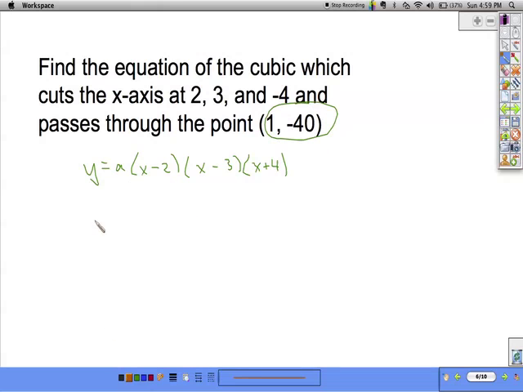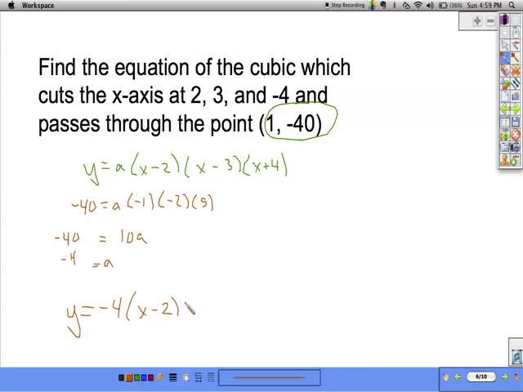We can plug in negative 40 for y and 1 in for x. We get 10a is equal to negative 40. a is equal to negative 4. And this doesn't specify any specific way to write the equation, so I'm just going to leave it in its factored form. And there we have it.